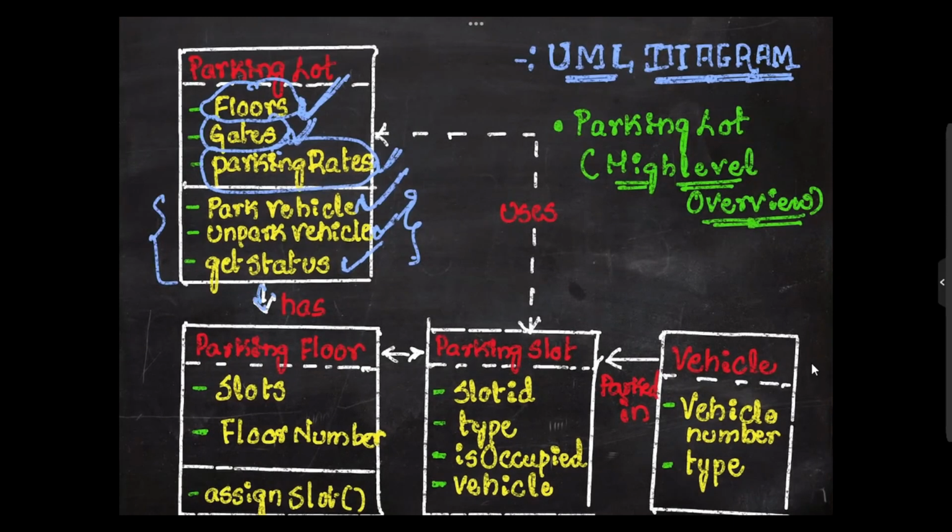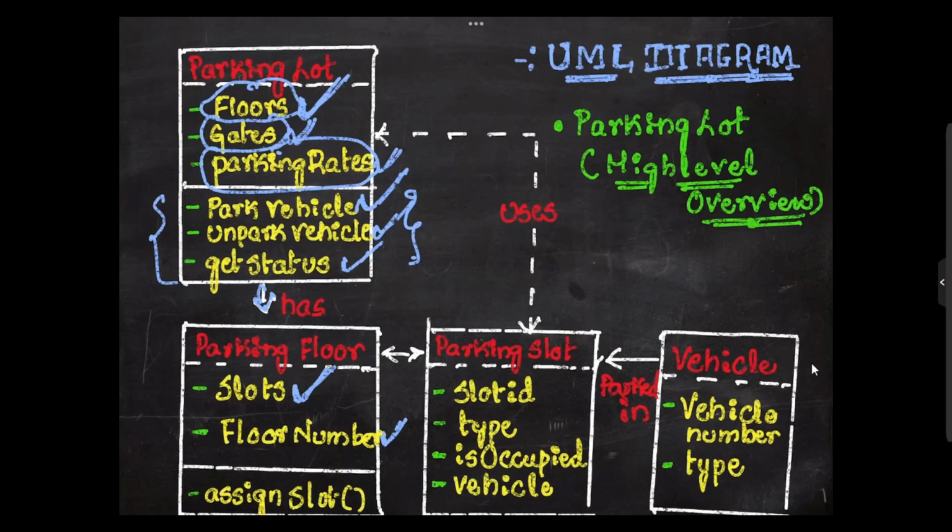Within the sub question we were considering the parking floor. So the parking lot has parking floors. Basically a parking floor consists of different slots and the floor number as well. We have different floors, and each should consist of the slots that are available within the parking floor and the floor number.